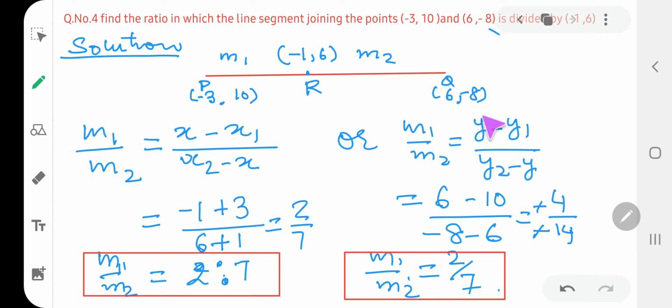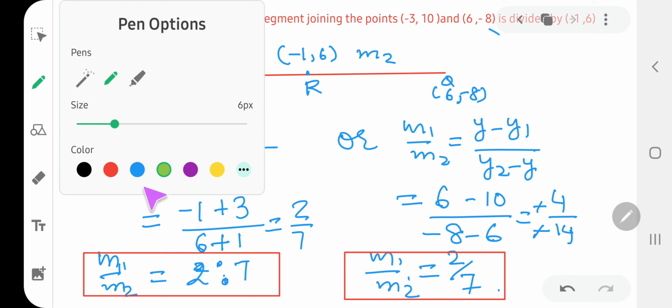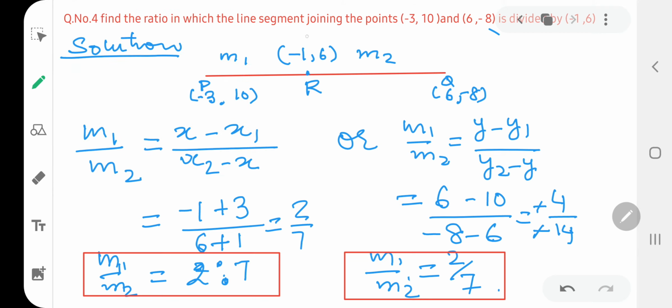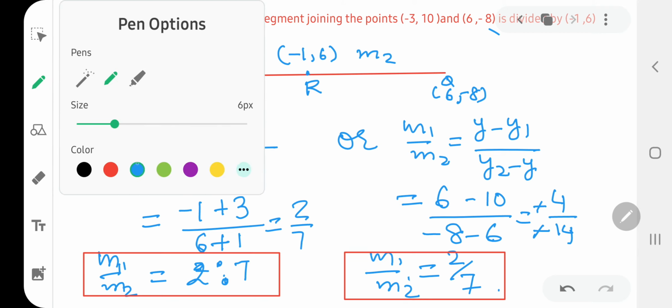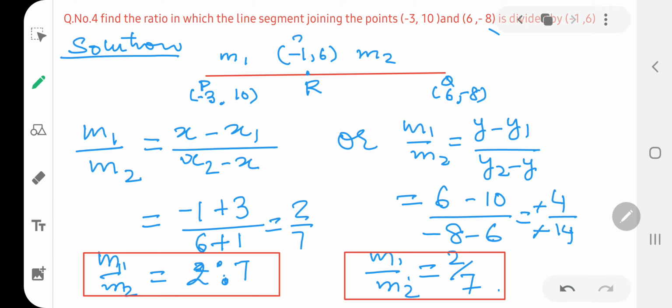So m1 by m2 is, start from y, end with y, y1 and y2. In between the sign is negative, since we are calculating ratio. For ratio, negative sign; for finding coordinates, plus sign. Now children, start putting the value. x is always the point in between, and y is always the point in between.